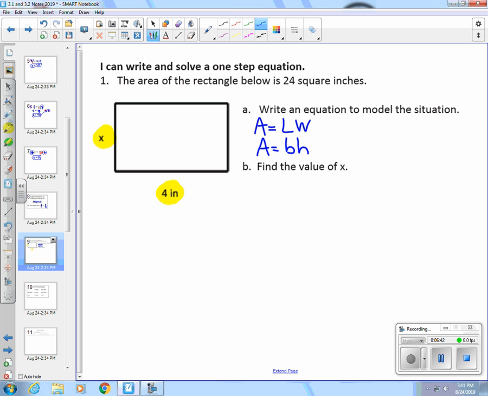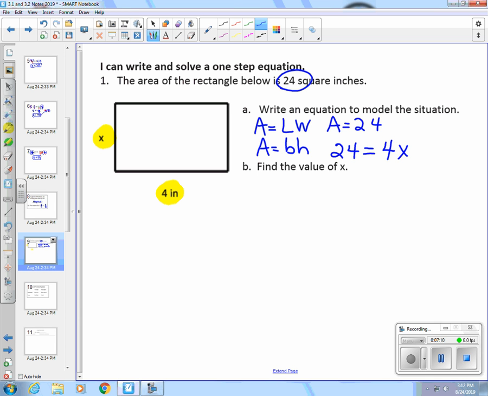And so we are going to write the area here is 24. And if we have our length and our width being x and 4, that means that we have to substitute into our equation. So we're going to say 24 equals the length times the width. So we have all of our information.